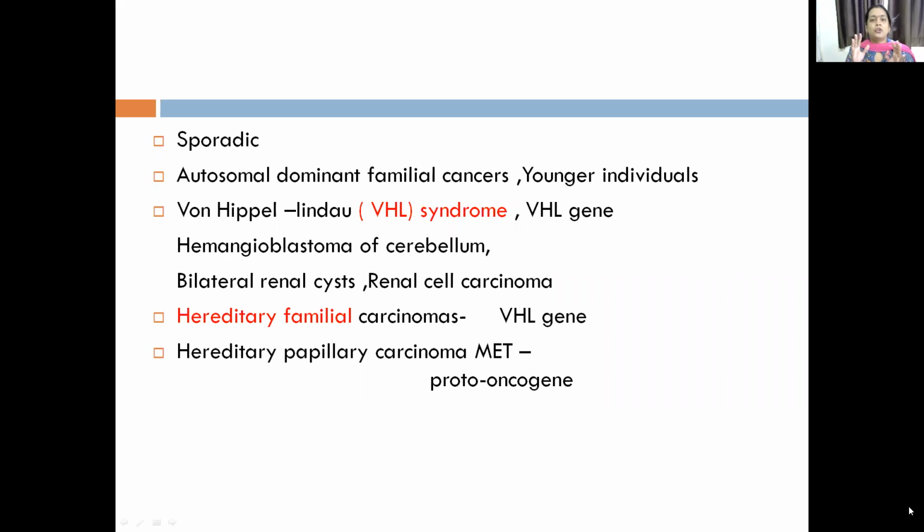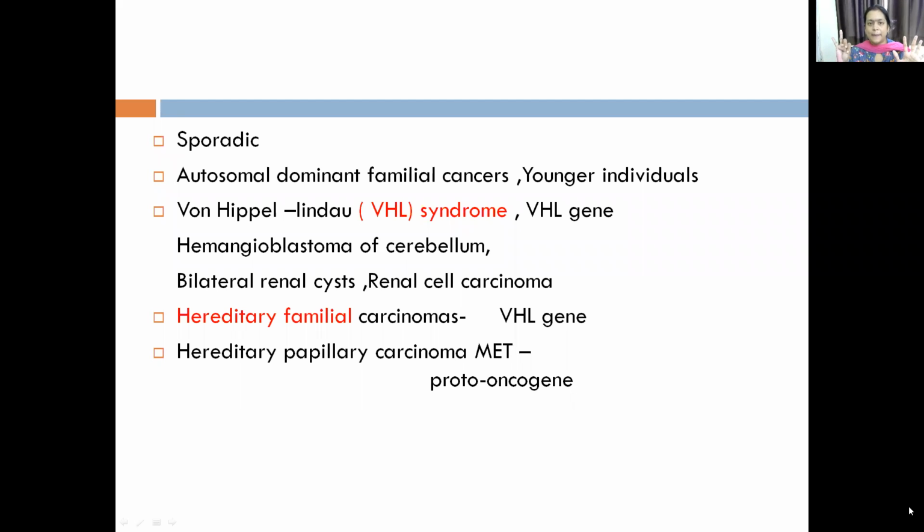So I told you about 5 genes associated with renal cell carcinoma. VHL gene, von Hippel-Lindau, having clear cell carcinoma; hereditary uterine leiomyomatosis and papillary renal cell cancer, that is associated with the FH gene.